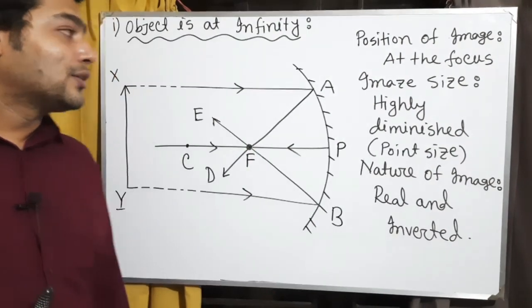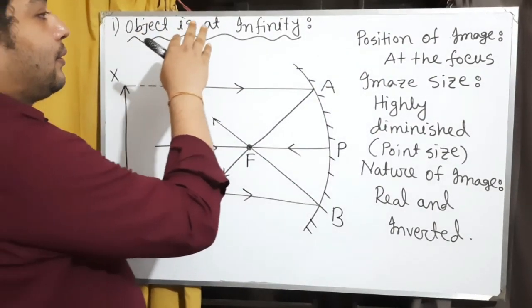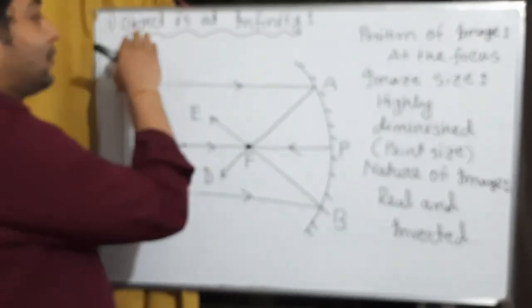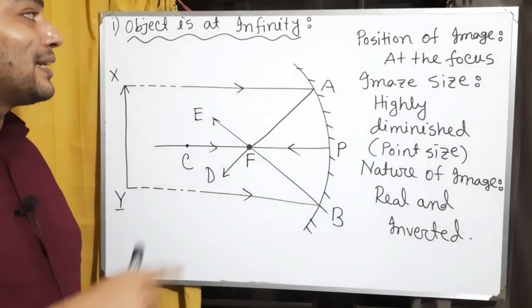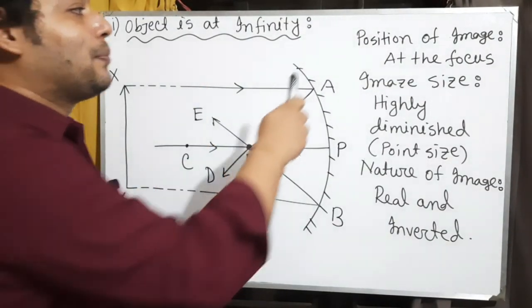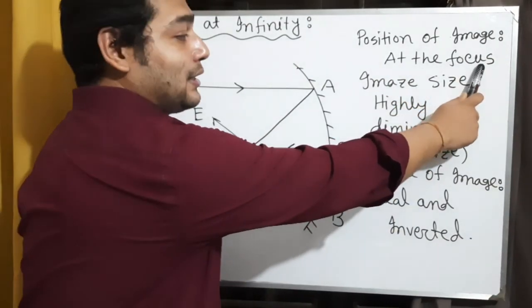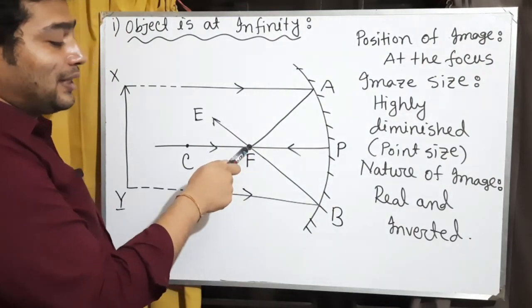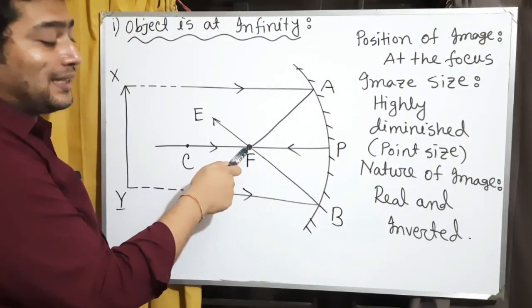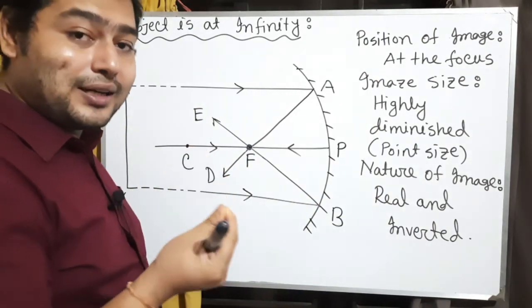So when the object is placed at infinity, the position of the image is at the focus, and the size of the image is, as you see, a point size.